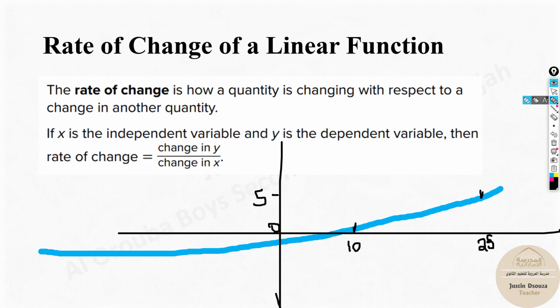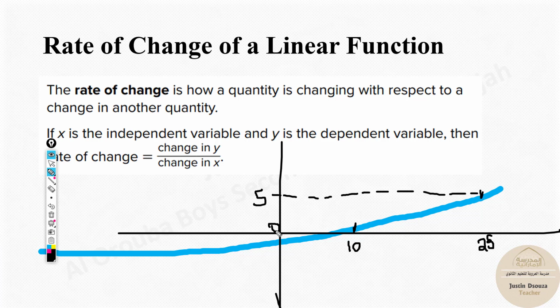Anyways, now what happens is the change in the y-axis. What is the change in y? Look over here at the topmost point and the bottommost point. The change in that means the higher value minus the lower value. If this is the initial point x1, this would be y1. The next point is x2, y2.